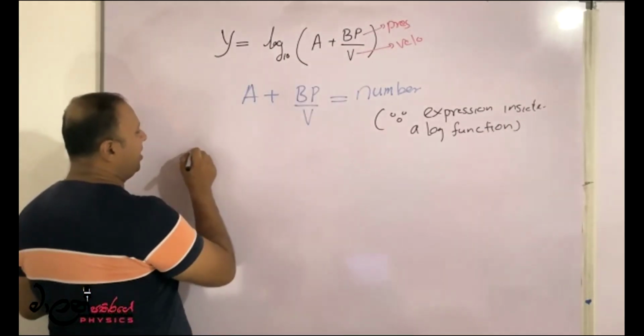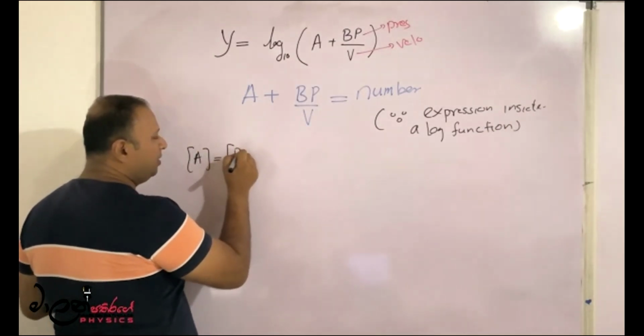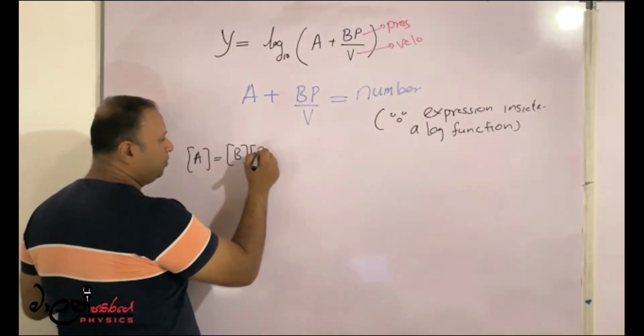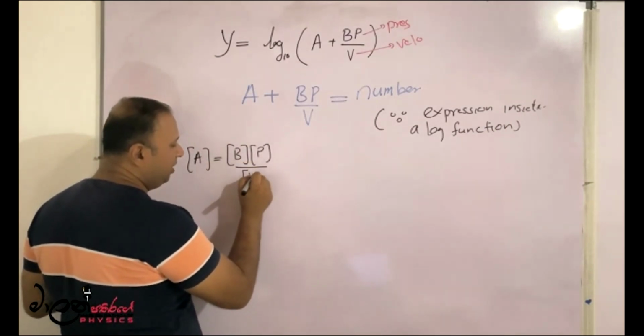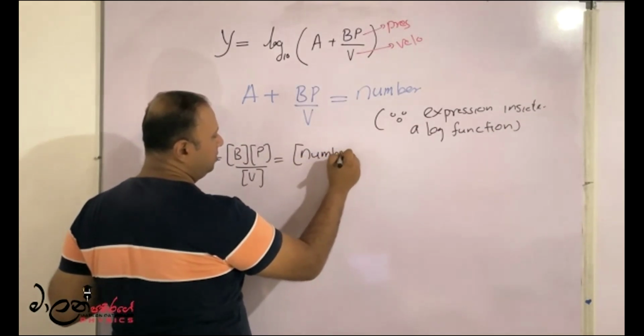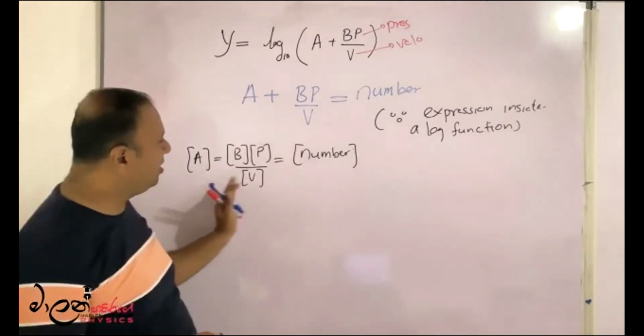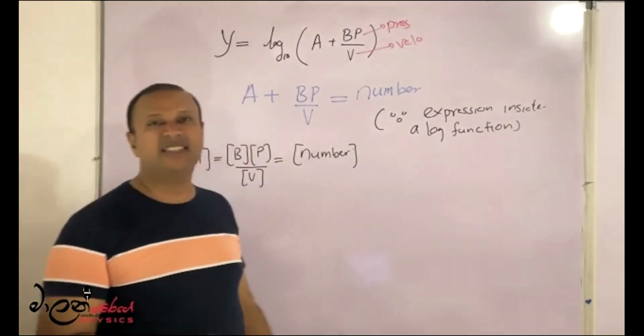Definitely, then you can write dimension of A should be equal to dimension of B into P over dimension of V, equal to dimension of a number, because all the terms in an equation should have the same dimension.